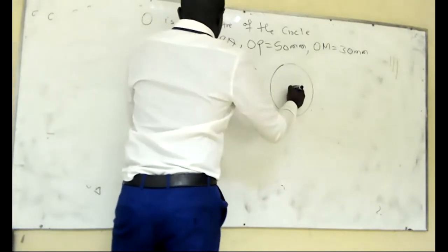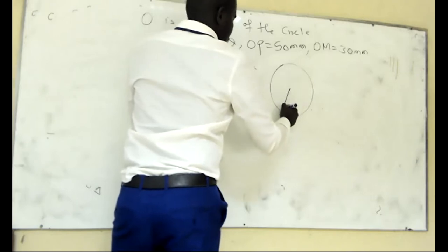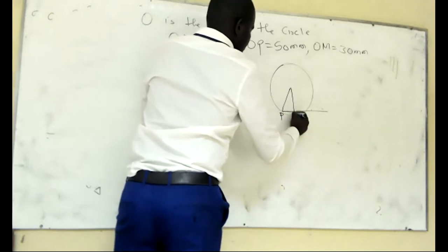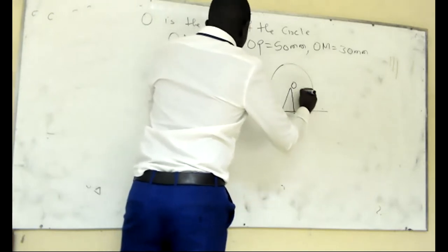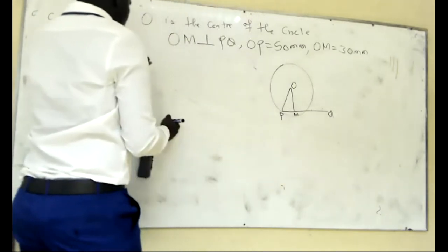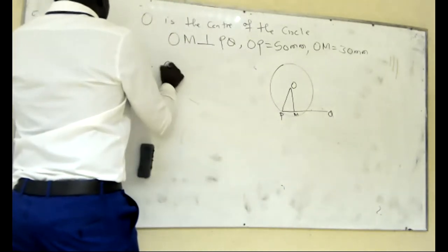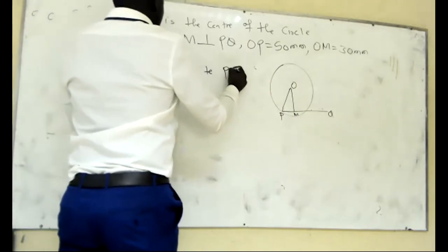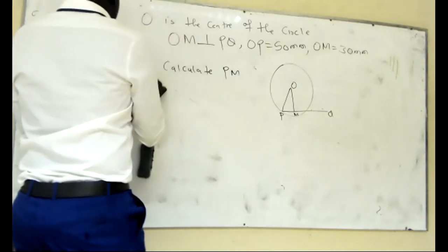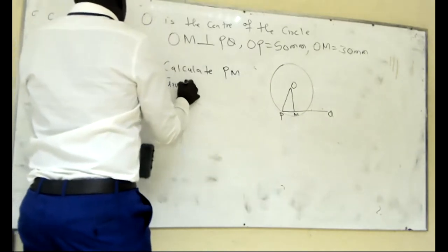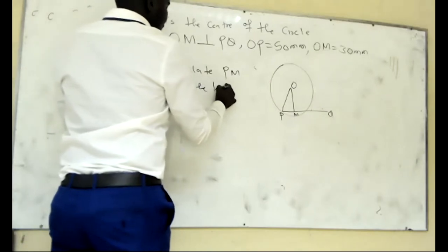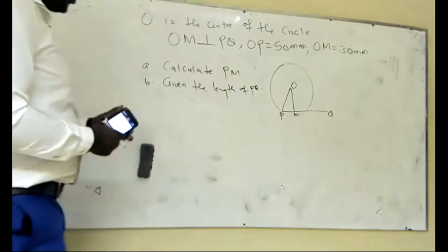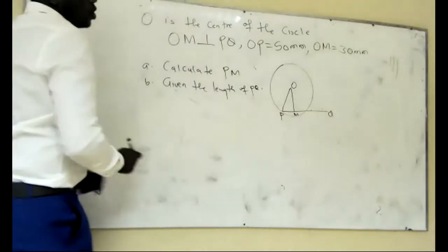We are given this shape, PMOQ. The first question requires us to calculate PM, and the second one requires us to give the length of PQ. These are the two questions which I'm going to answer with you just now.